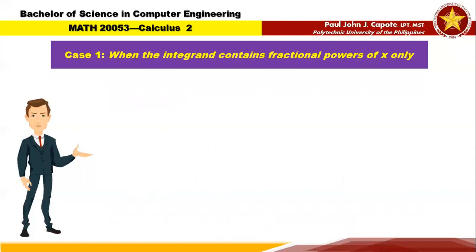Let's start with case number 1. When the integrand contains fractional powers of x only. If our integrand contains fractional powers of x only, then we use the substitution.